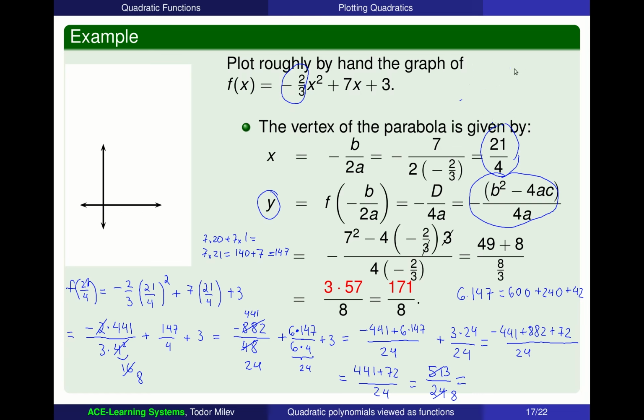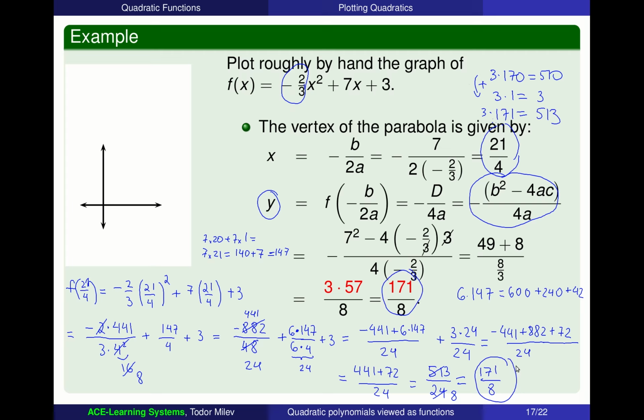Alternatively, you know that 3 times 170 is 510, and 3 times 1 is 3, so when you add the 2, you get that 3 times 171 is equal to 513. So we get 171 over 8, which is exactly the same number that we see here.